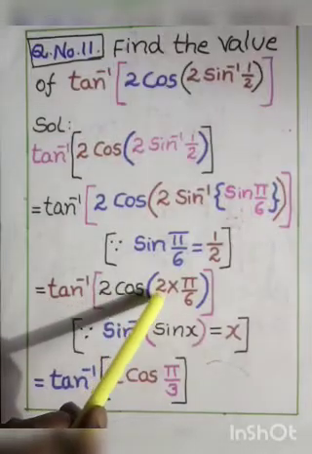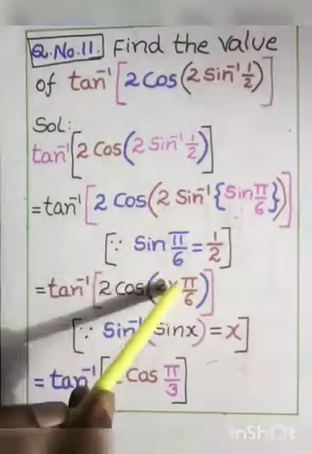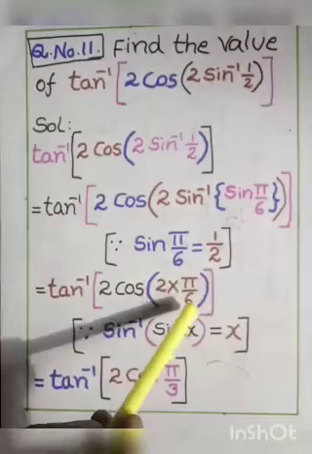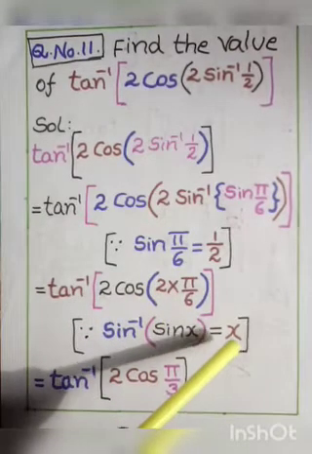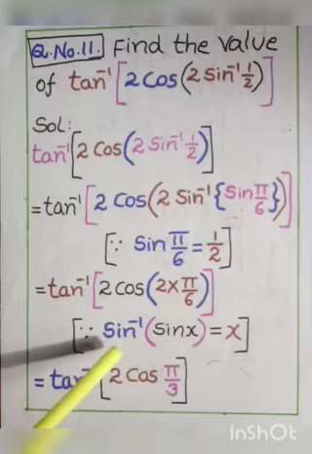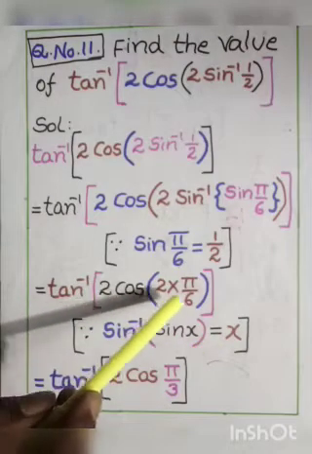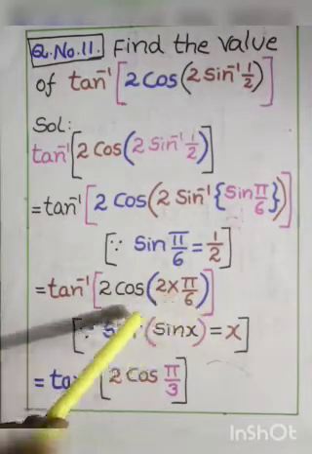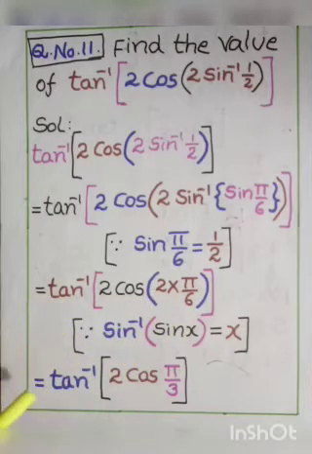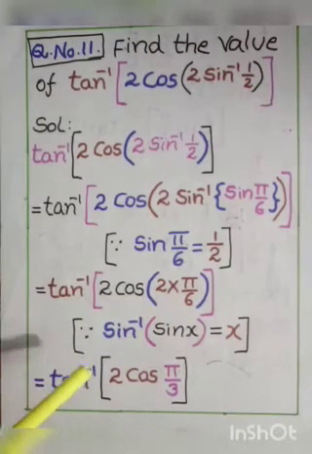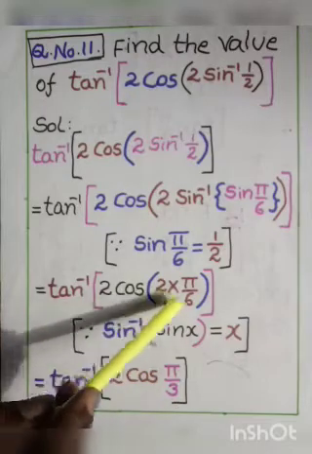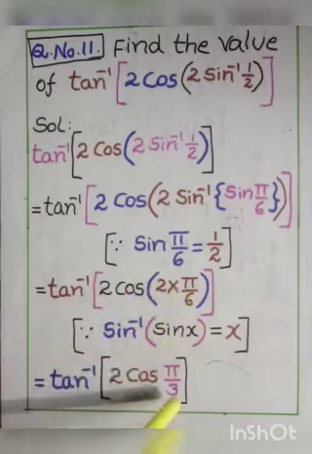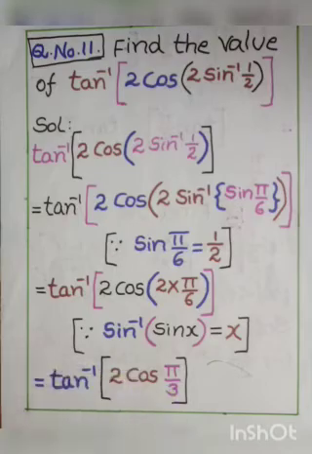Therefore, we are writing here 2 into pi by 6, because sin inverse of sin x is equal to x. By using this inverse trigonometric property, we are getting this value. Understood this step, my dear children? That is equal to tan inverse of 2 cos of, by simplifying this part, we get pi by 3. Understood this step, my dear children?